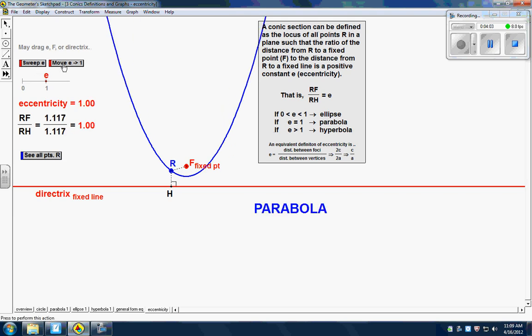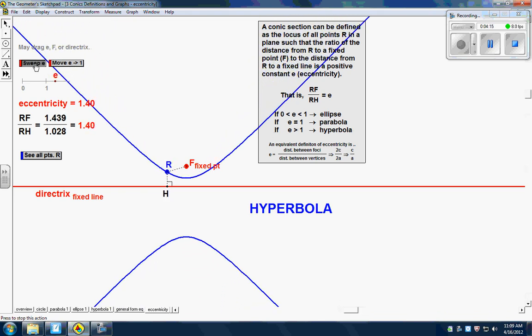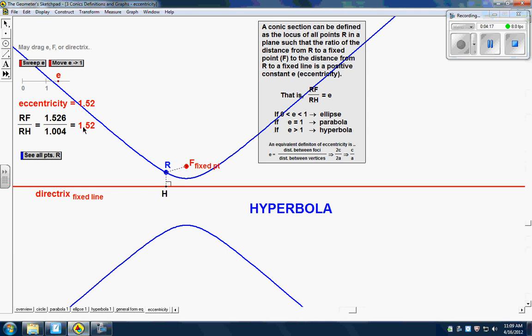We can reset this to a parabola, the one that we know for sure. This distance is the same as this distance by definition. As we start moving E around, now that ratio is 1.5.